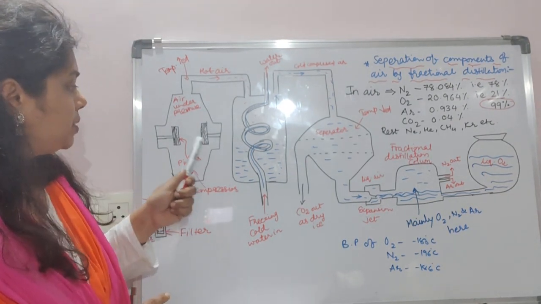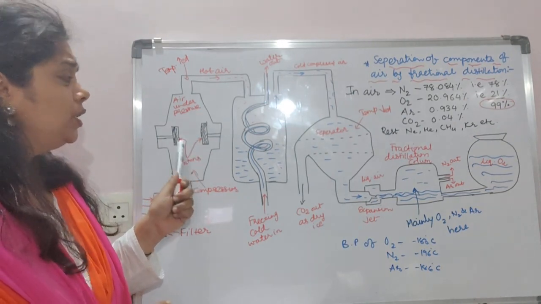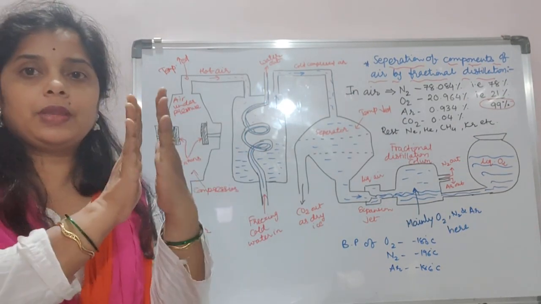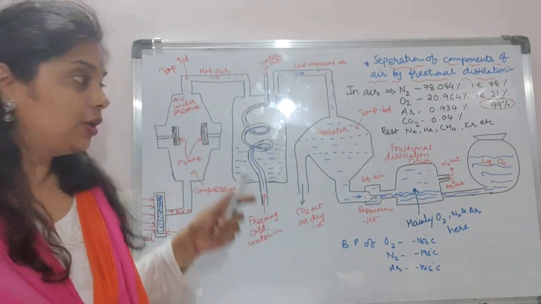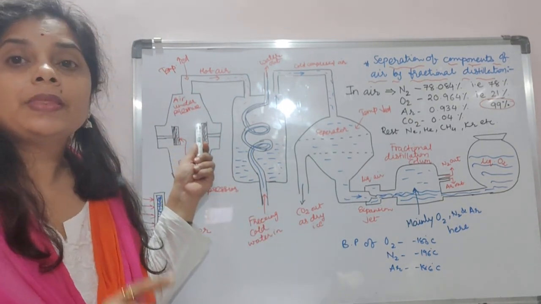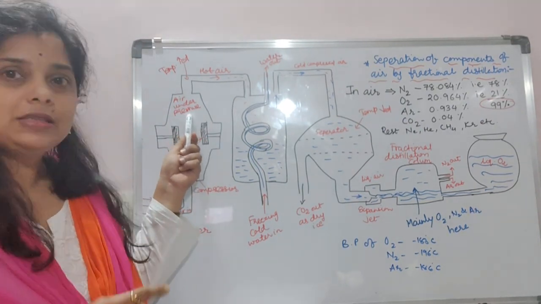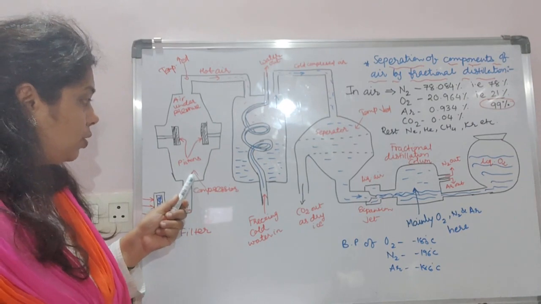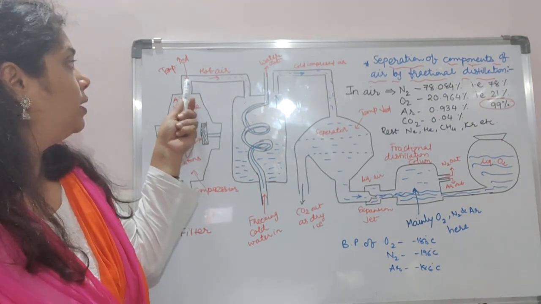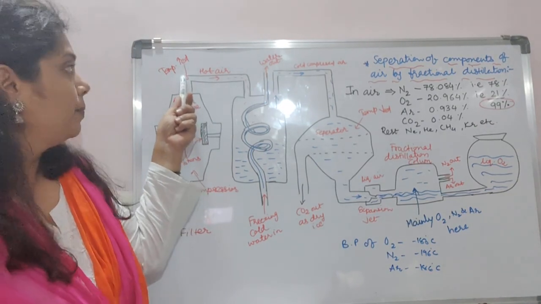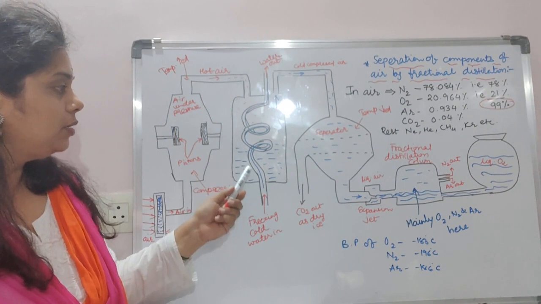In this compressor, the pistons are continuously moving like this to create pressure. When pressure is created, the temperature increases, and because of the increased temperature, this normal air becomes hot air at the top of this pipeline.